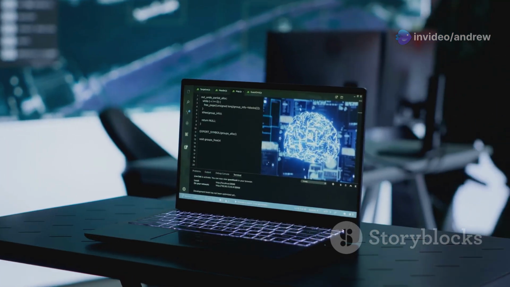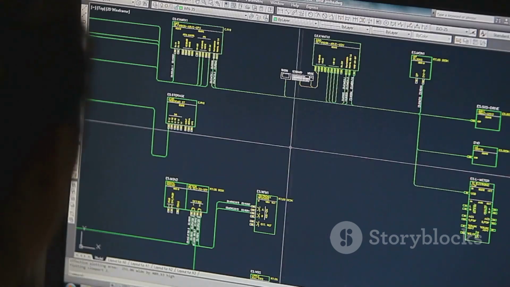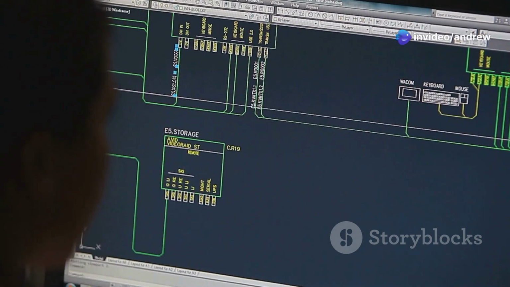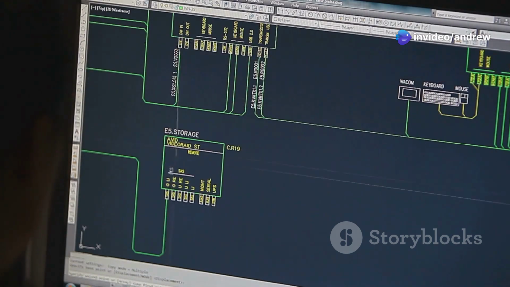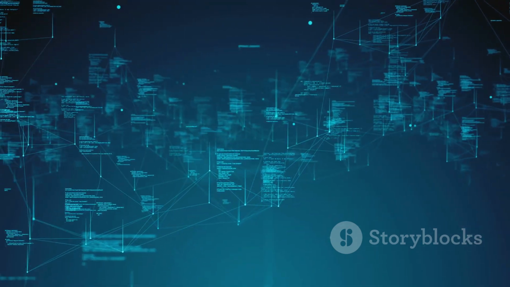But k-means isn't the only clustering algorithm out there. Let's take a look at a few others. Hierarchical clustering builds a tree of clusters by either merging smaller clusters into larger ones, which is called agglomerative, or splitting larger clusters into smaller ones, known as divisive. Then there's DBSCAN, or density-based spatial clustering of applications with noise.